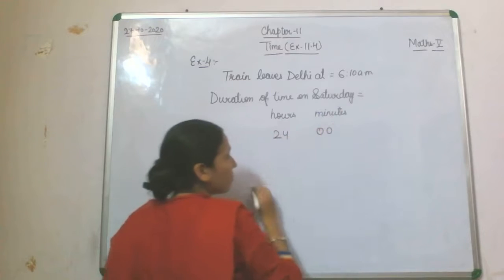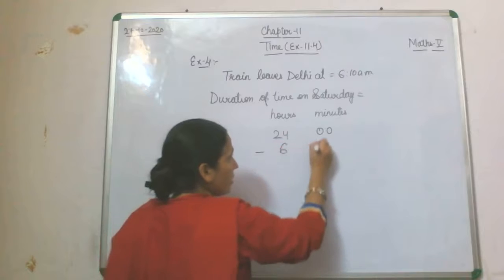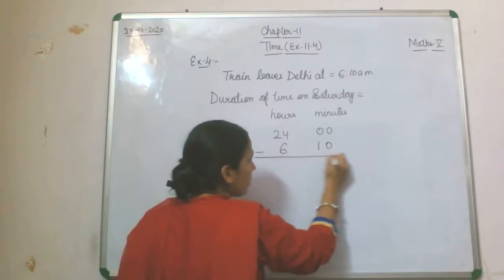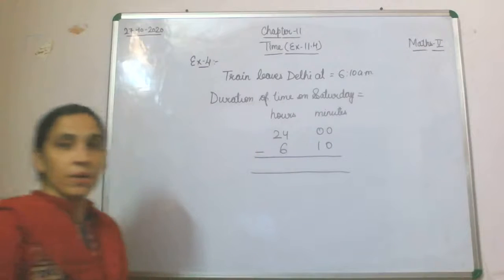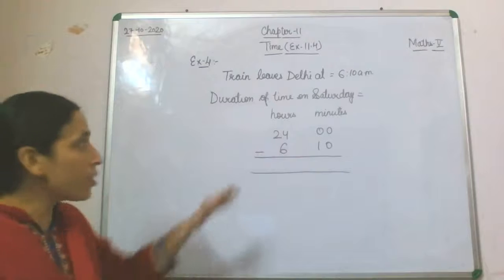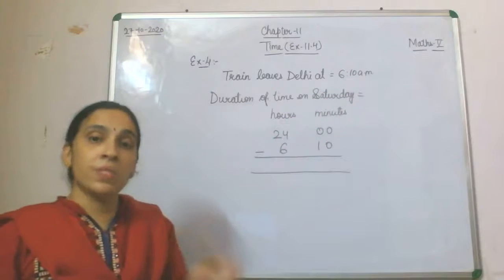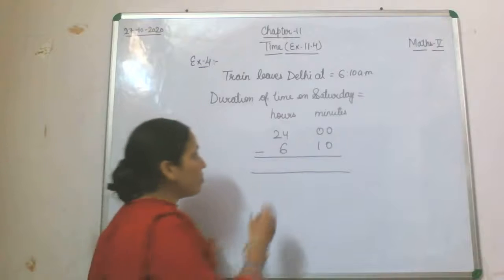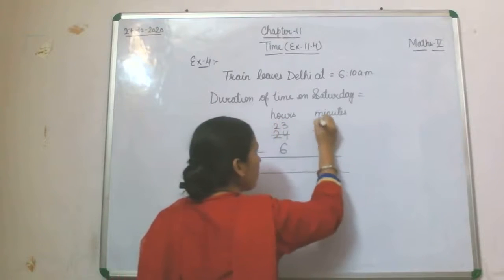24 hours. Means out of 24 hours we are going to subtract 6 hours 10 minutes. We'll subtract it. Fine. Out of 24 hours we will subtract, because at this time, 6:10 am, that train leaves Delhi. Now what will we do? This will become 23 and this will become 60.